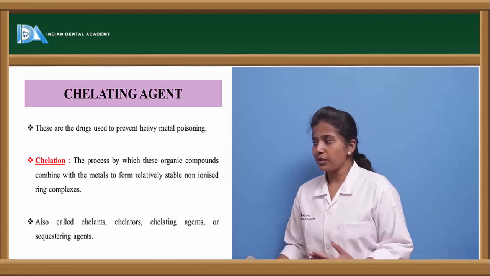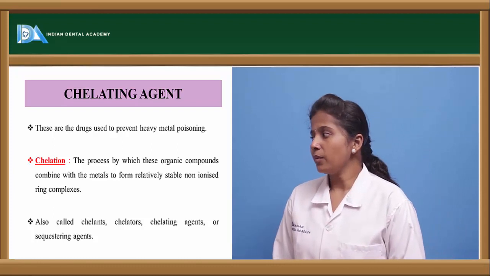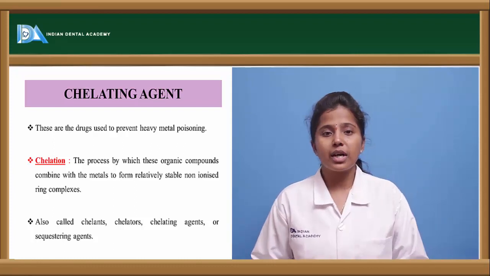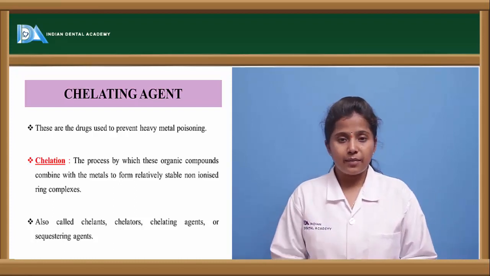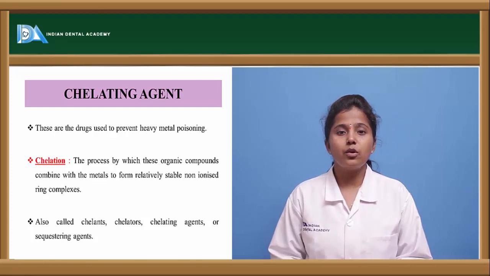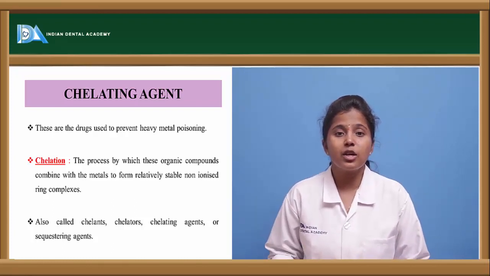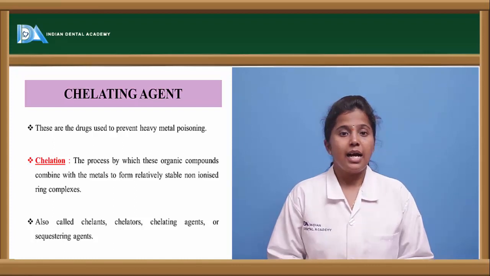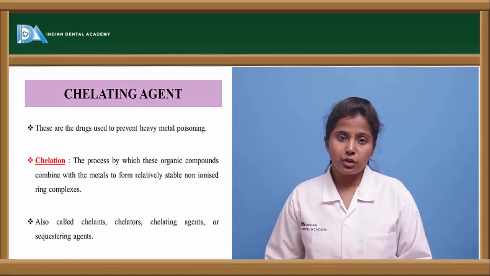It is the process by which organic compounds combine with metal ions and form relatively stable, non-ionized ring complexes. These are complex ring structures that are easily breakable, and they can form newer compounds also.